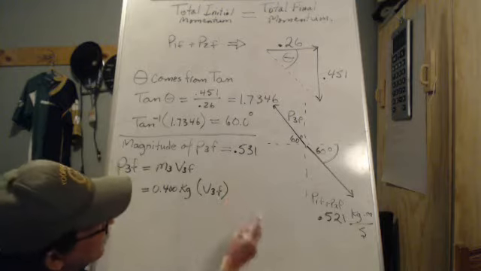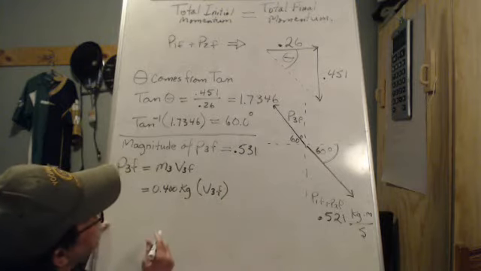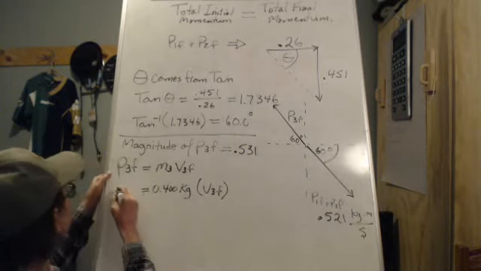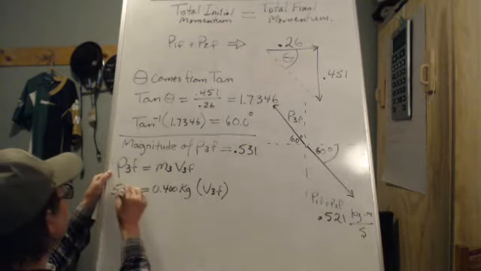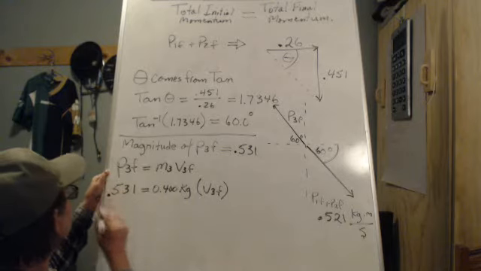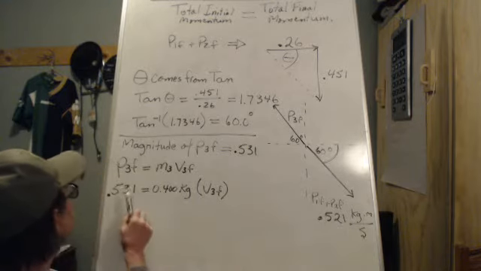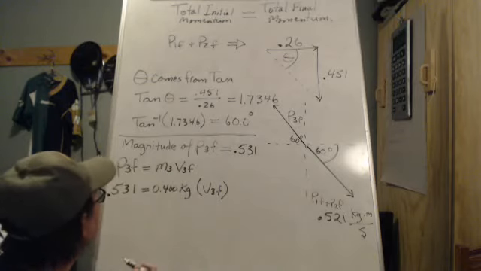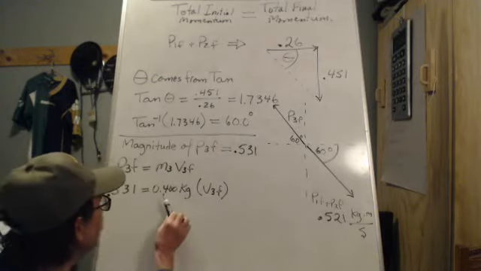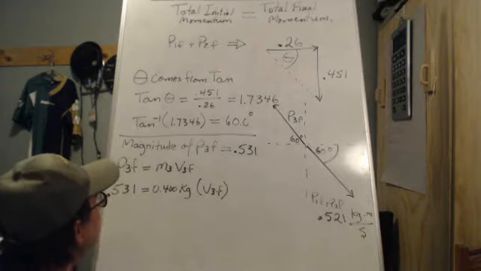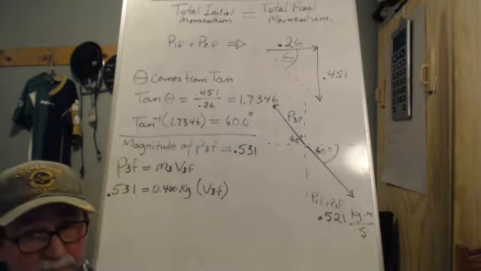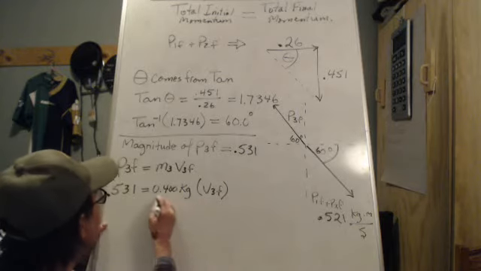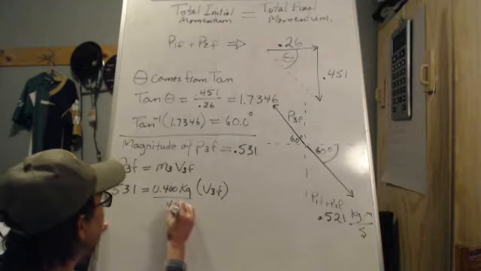And what is the magnitude of this one over here? I'm losing my thought for a second. 0.531, and that's a decimal place. So the momentum of the third piece is 0.531. And we know that it's got a mass of 0.4 kilograms. So we'll solve for V3. I'll divide out the 0.4.